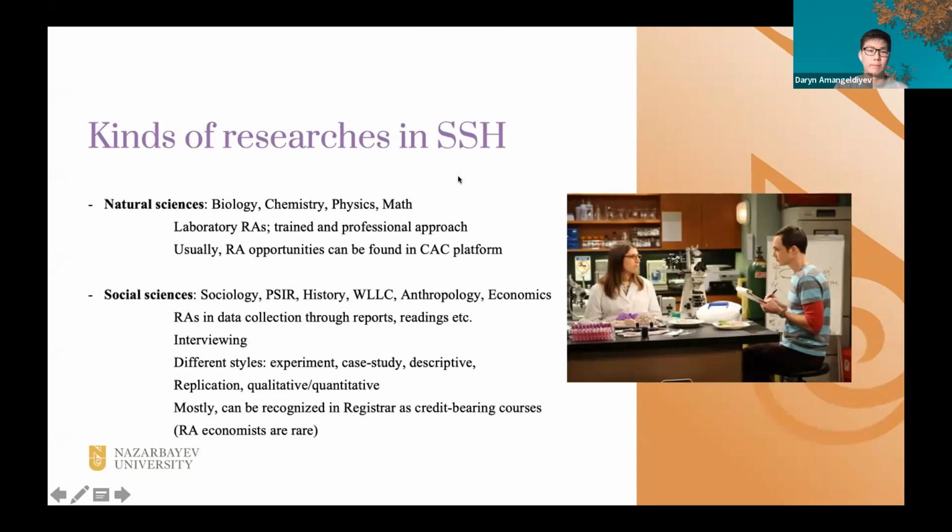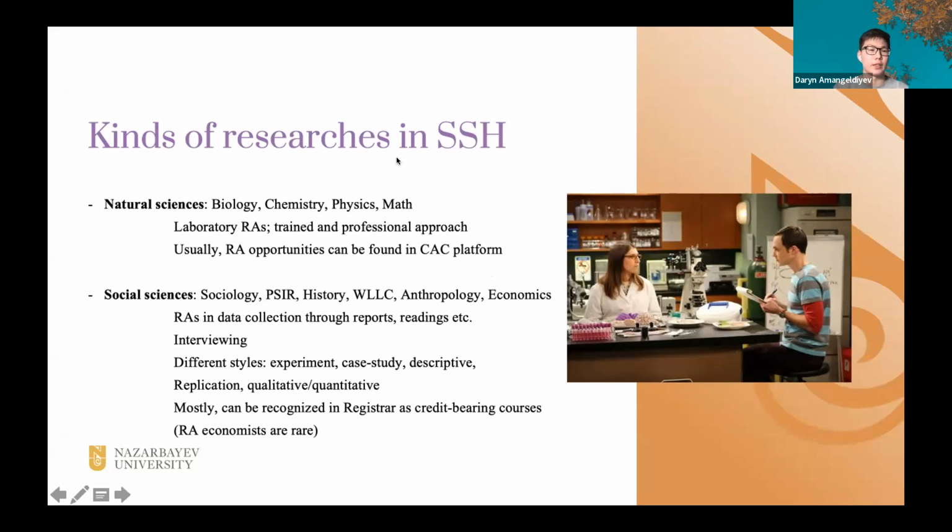And as I noticed, such opportunities and positions can be found on the Career Advising Center platform. I noticed that they post a lot of vacancies. So they offer a lot of possibilities for students.